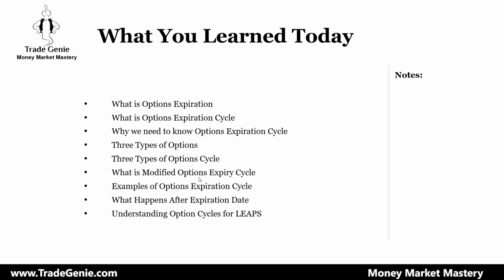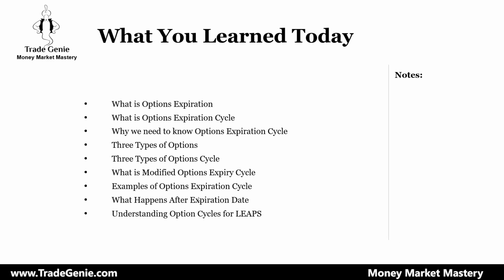I explained the modified option expiry cycle, which is current month and subsequent month. They added it because initially there was only a cycle. Stocks were assigned to a cycle, and then they said, wait a minute, we need to add more liquidity, more action in the market, so traders can hedge. So more action, more speculation, more hedging. So they added the current month and the subsequent month.